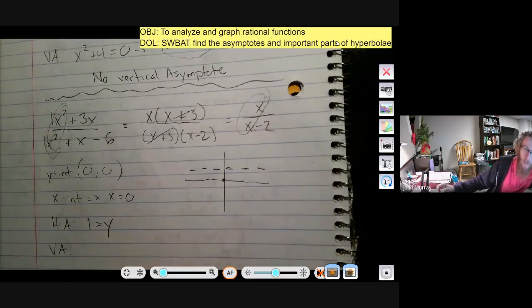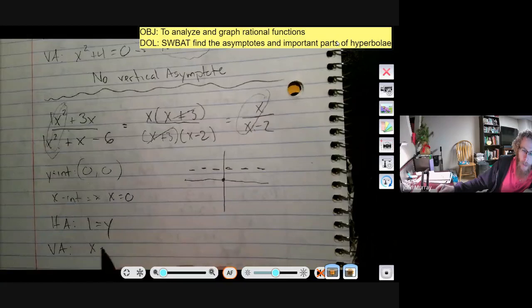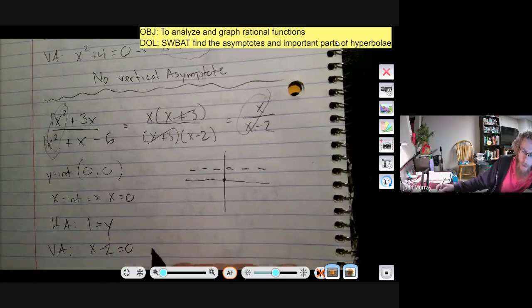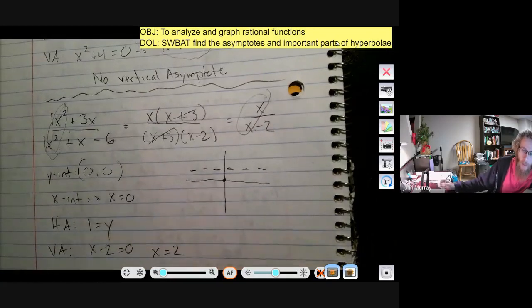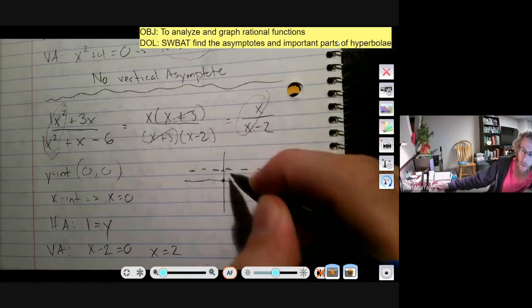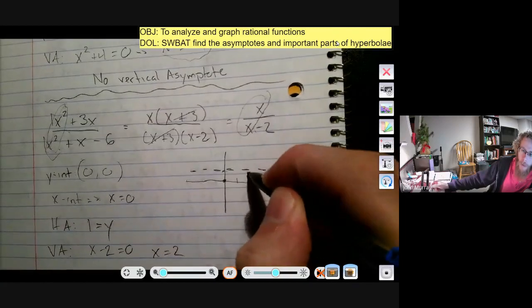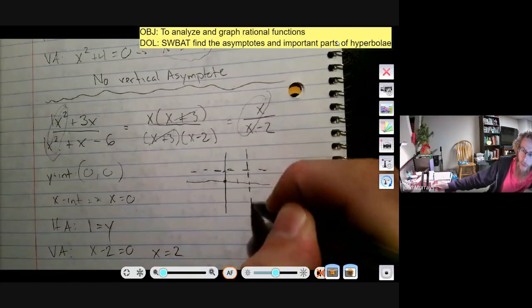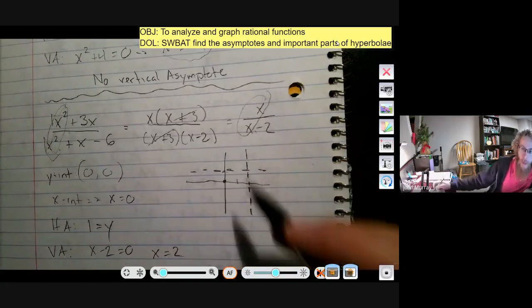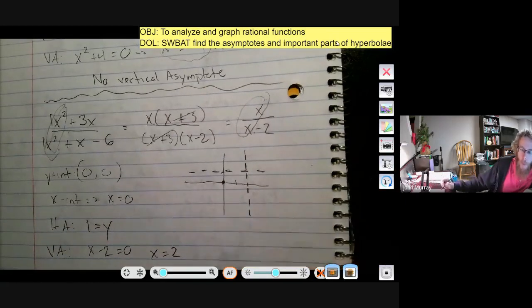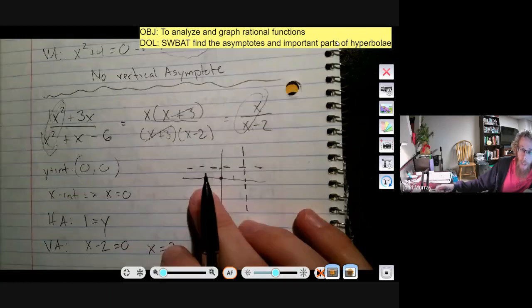Vertical asymptote, we look at the denominator, x minus 2 equals 0, x equals 2. So maybe over here we have our vertical asymptote. And we have this point here, okay?